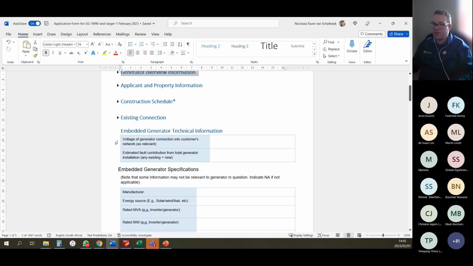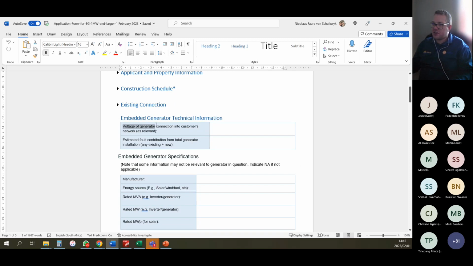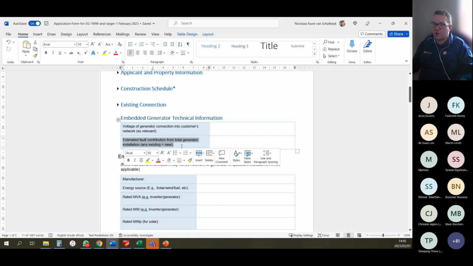And here's a little bit more meat, and this is where it becomes a little bit different compared to an SCG form. The first thing is, what is the voltage of the generator connection into the customer's network? This is the voltage of the generator itself. At what voltage? Is it going to be 400 volts? Is it going to be at an MV voltage? So you need to indicate that, and then you also need to indicate what's the estimated fault contribution.